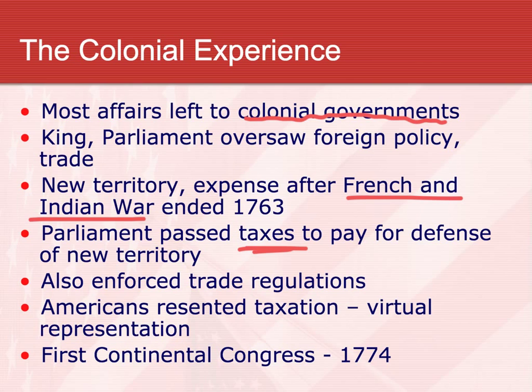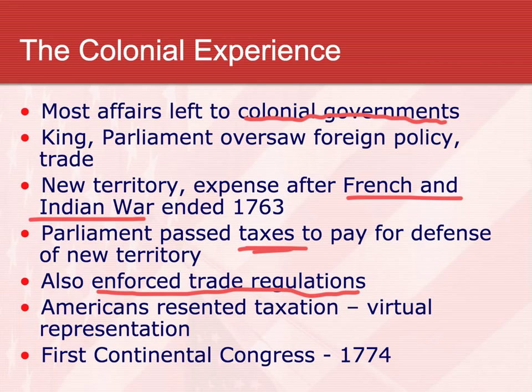But they also start enforcing trade regulations, and these had been in effect for a very, very long time, but they hadn't really been enforced in any real way. A lot of this had to do with how colonists could get goods. If they're being imported to the colonies, most goods had to be transported from their origin, maybe like Haiti or something like that, or sugar from the islands in the Caribbean.